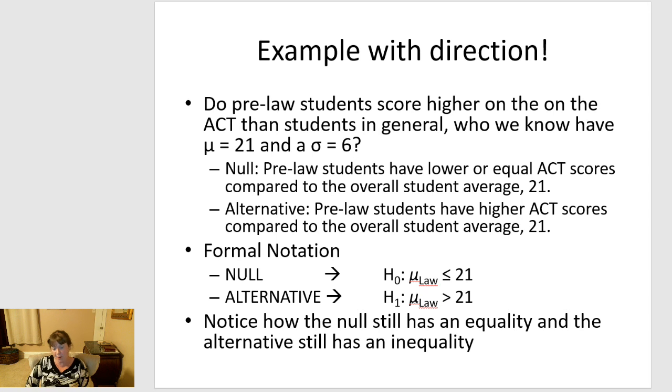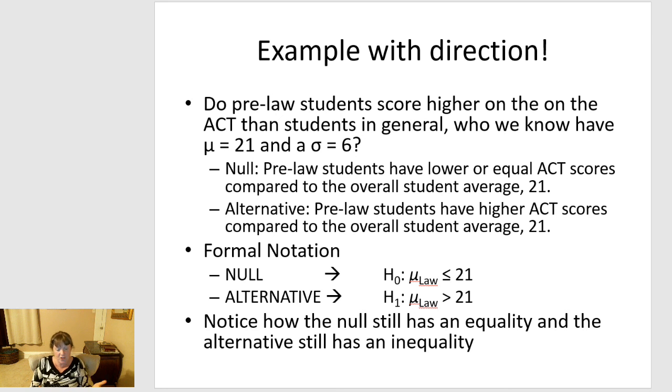But my research hypothesis, because I'm only interested in discovering that these pre-law students are better than the population in general, well, then my null hypothesis has to be the opposite of that. My comparison hypothesis that I create as a comparison to what I really think is going on has to be that they're lower or equal to, right?